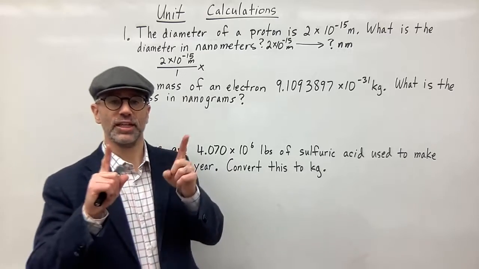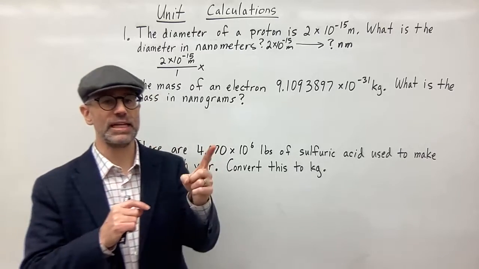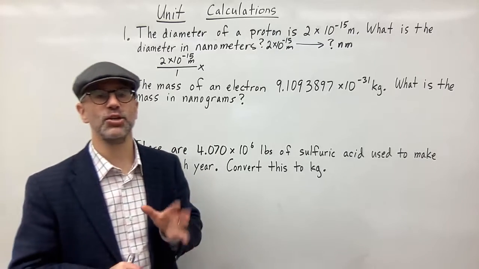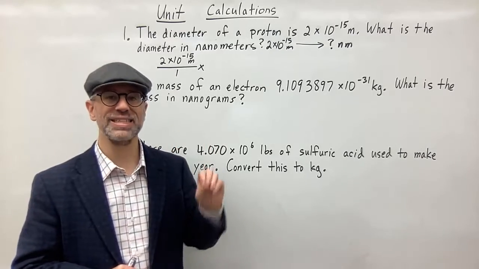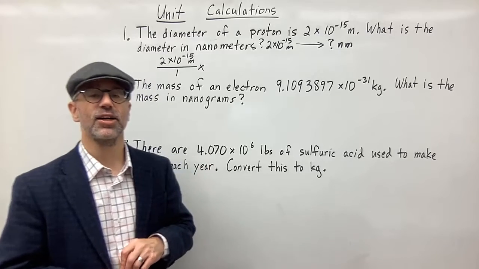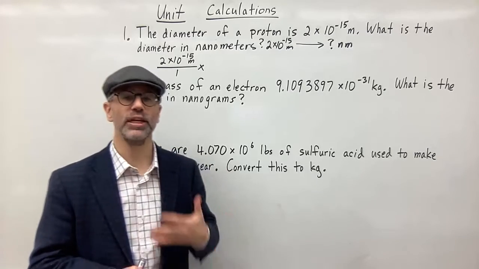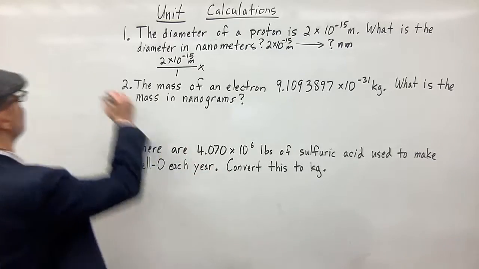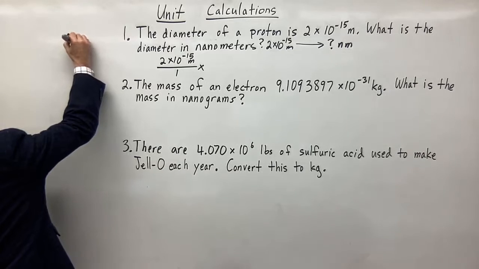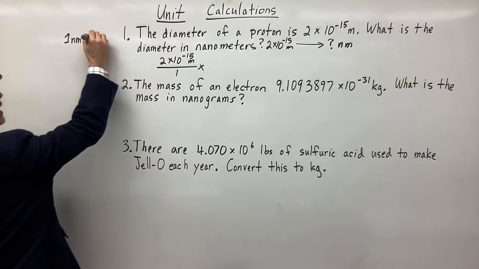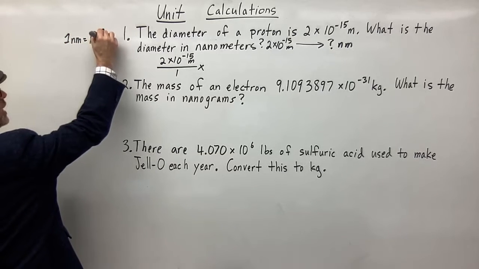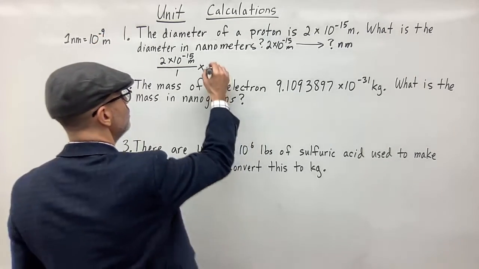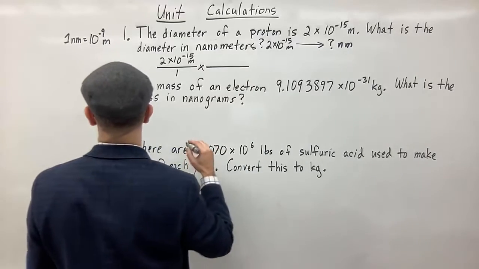We need to know the relation between the base unit and the prefix unit. In this case, we need to know that nano means 10 to the negative 9, or 1 billionth of a meter. So if we know that 1 nanometer is equal to 10 to the negative 9 meters, we could use that as a conversion factor.